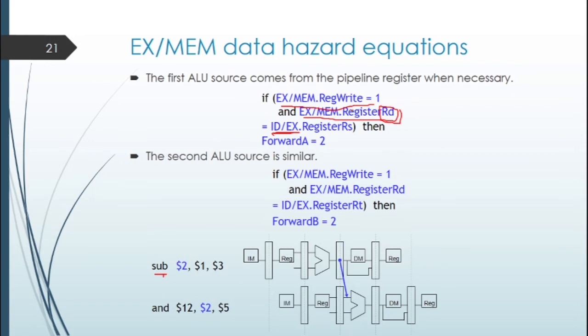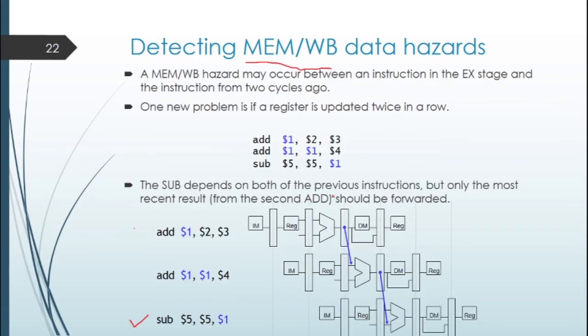So if the current instruction's RD value is the same as the next instruction's RS value, then forward A has a value of 2, which means EX/MEM forwarding. And the same in the case for RT: if the current instruction's RD is equal to the next instruction's RT, forward B should be equal to 2. So that 2 means that EX/MEM is forwarding. It's very simple like this.